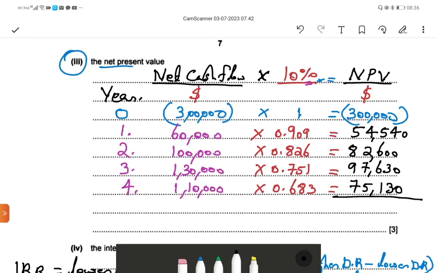So the total of this, minus 300,000 plus 54,540 and the rest, the total is coming as a positive value, 9,900. This is the total net present value, NPV. The net present value is 9,900.